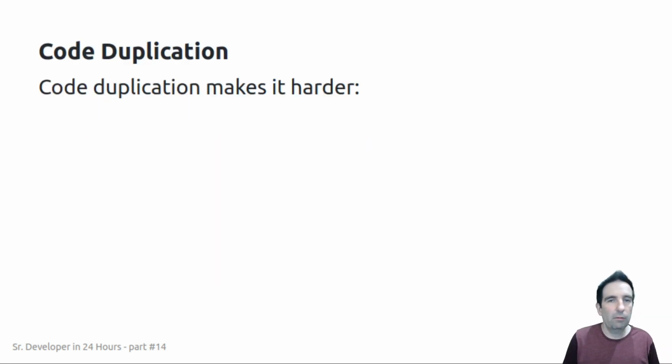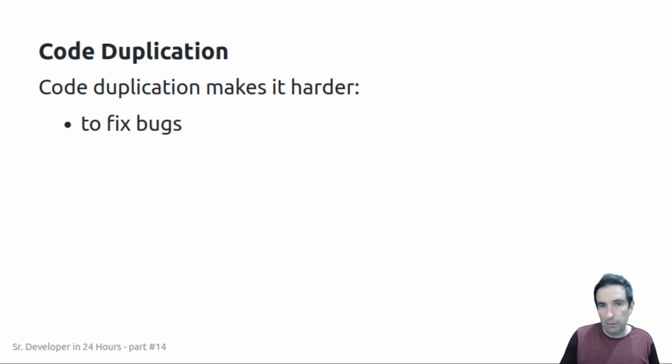So how can we improve the maintainability of our code? Obviously, writing good code helps, but there are other things that are more specific that we can do. One of those things is to, for example, take a look at code duplication. If we have a lot of duplicate code throughout our system, it's going to make it harder for us to fix bugs.